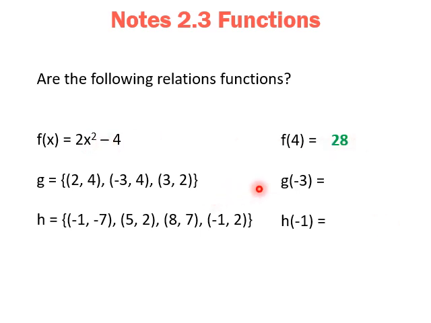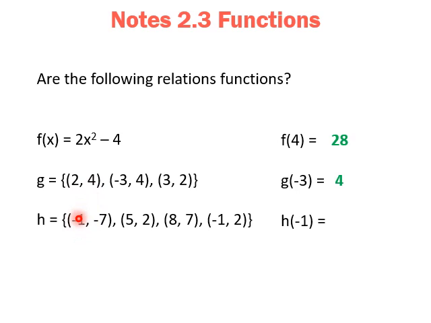All right, what is g of -3? So that means if your x is -3, what would the corresponding y be? And so we can see here that this point has an x value of -3, so we should have a y value of 4. All right, and then the last one, the function h of -1.